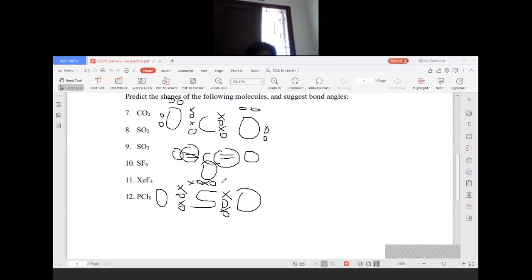And then for the last question, PCl5. There are 5 electrons in the outermost shell of phosphorus, and those 5 are occupied with chlorine. So phosphorus pentachloride has 5 bond pairs without any lone pairs.